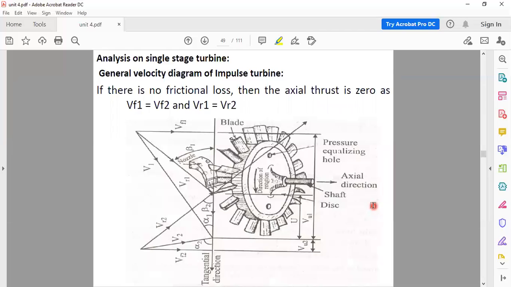If there is no frictional loss, then the axial thrust is zero as Vf1 equals Vf2 and Vr1 equals Vr2.